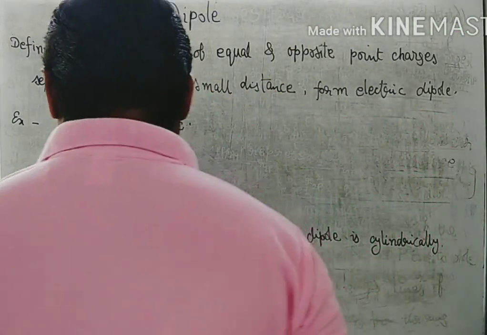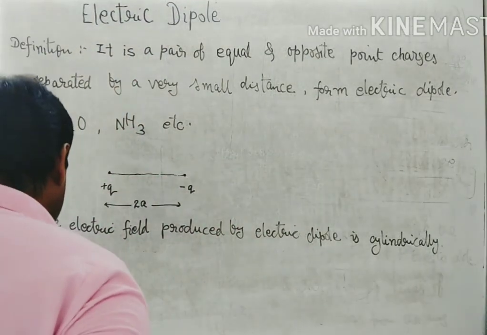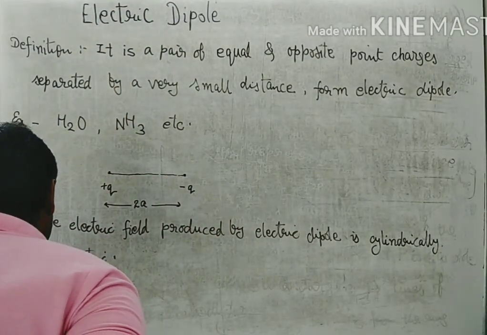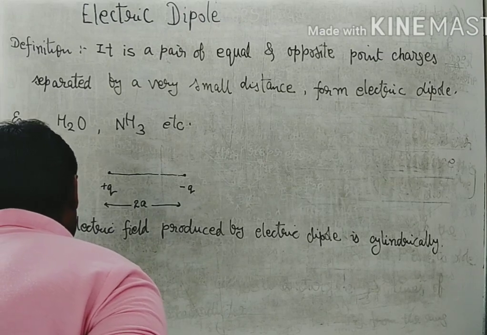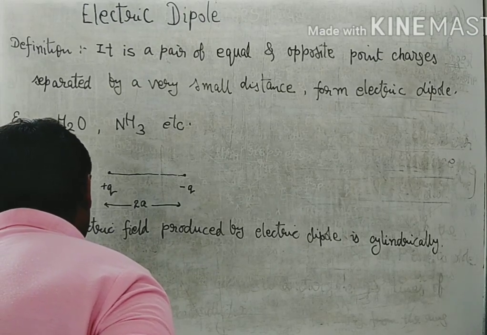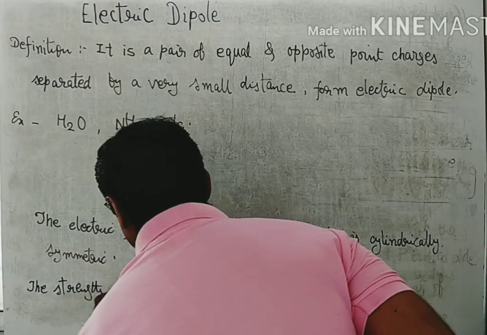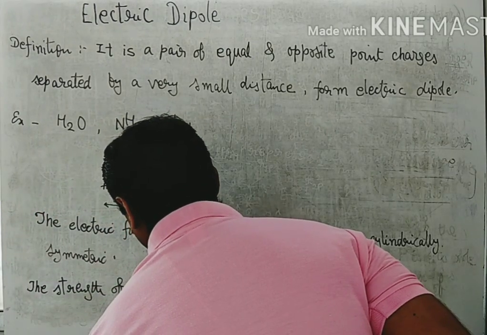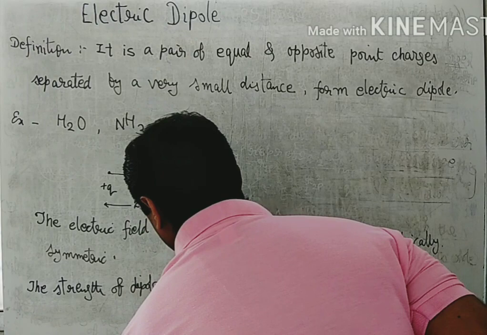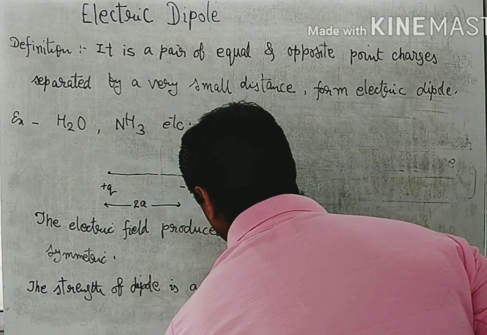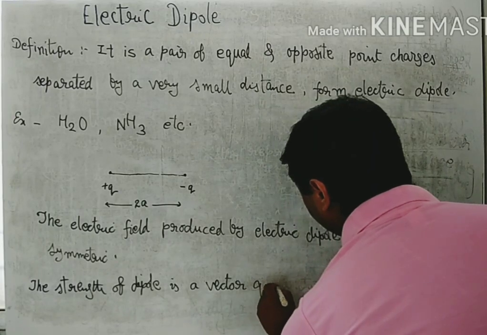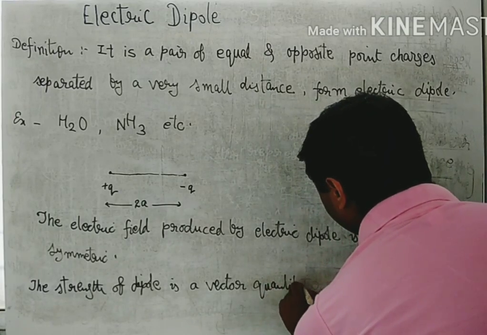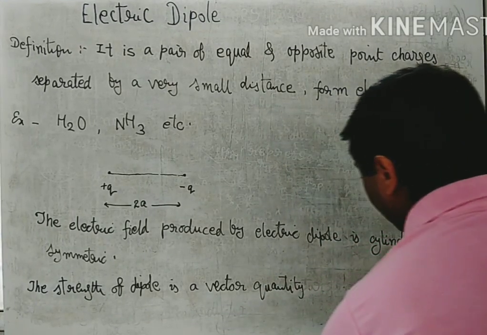Now, what can we say for the important point as next? The strength of a dipole is a vector quantity.